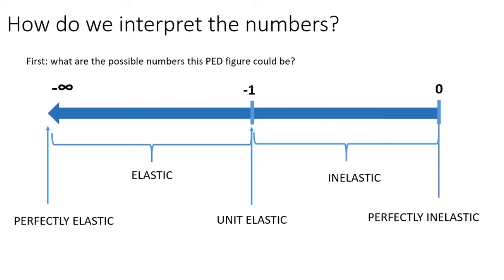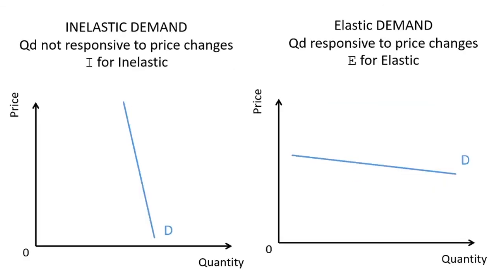It's also useful to be able to relate these to different types of demand curves and what the demand curve is going to look like depending on the elasticity for the product. If we have inelastic demand, this is not a perfect way of describing it, but a general way. With inelastic demand, quantity demanded is not responsive, it's not sensitive to price changes.